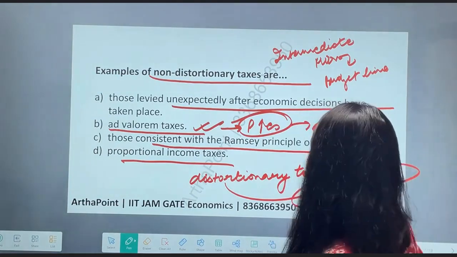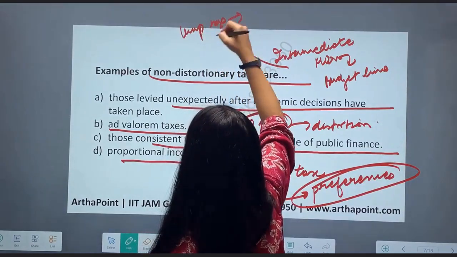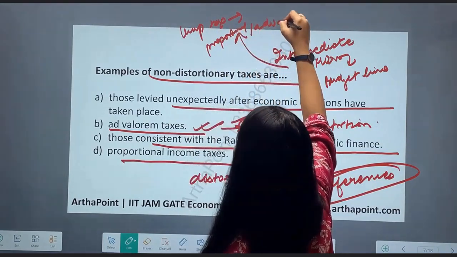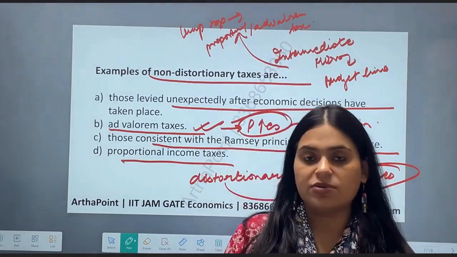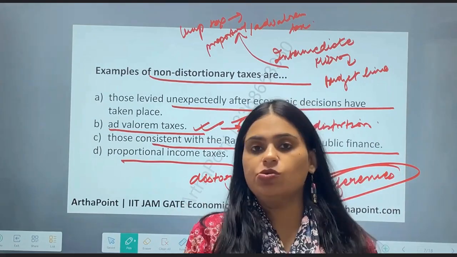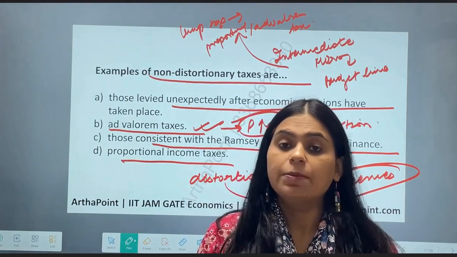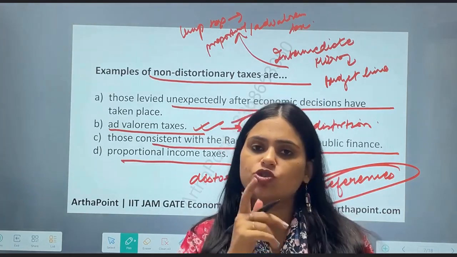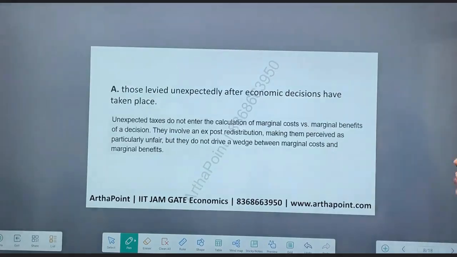In those I have tried to explain why lump sum tax is better than proportional or ad valorem tax. Why is lump sum tax better than ad valorem tax? Because with lump sum tax, preferences do not change. It makes you poorer, you are left with comparatively less income, but it does not change your preferences. But an ad valorem tax changes your preferences, right beta? So okay, come to the question now.